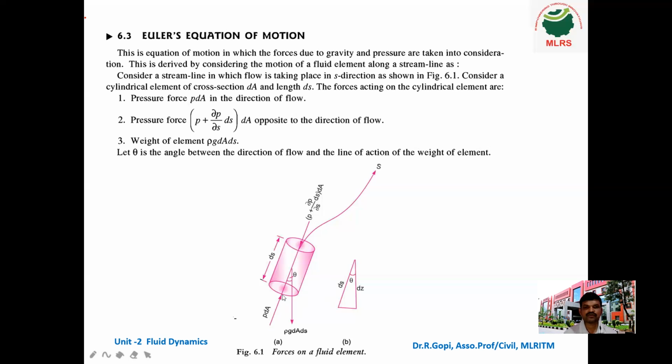This is the pressure force acting from downward to upward, P into dA. The opposite force is the opposite pressure force, which is the already existing pressure plus the pressure change acting across this element.